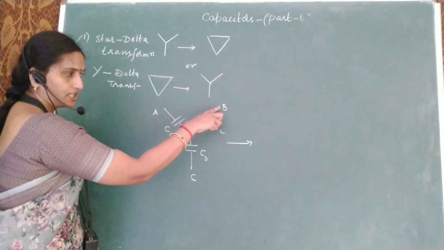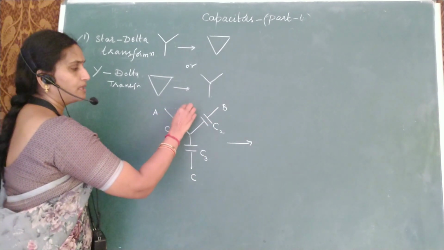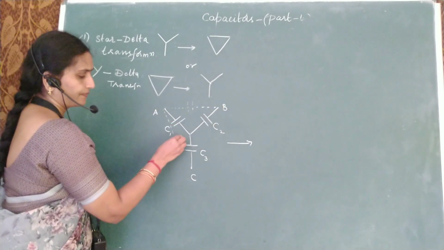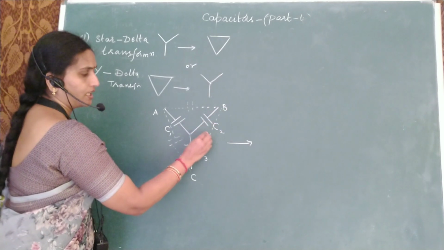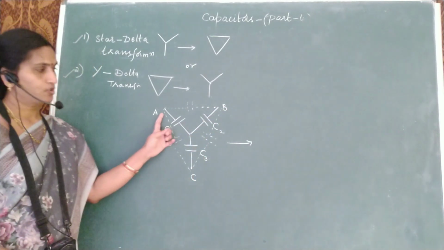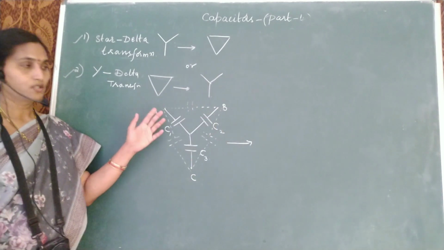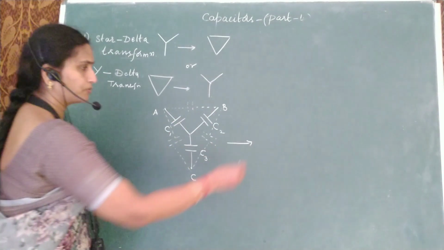That means I am not changing A, B and C. Instead of these 3 capacitors, I want to replace them with one capacitor here, another capacitor between A and C, and one more capacitor between B and C. Here the dotted line represents a delta network. So we want to transform this Y network to a delta network.